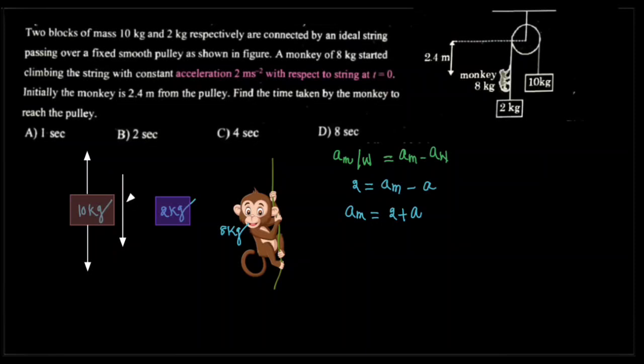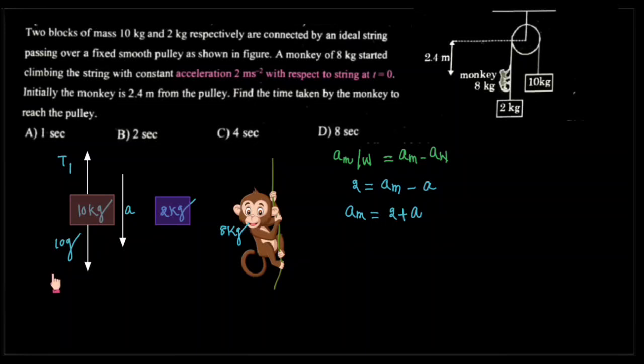Sorry, it's moving down with an acceleration of a and it is having a weight of 10g and a tension here. Let's say this tension is T1. From this you could say the block is going down, so the weight is greater compared to tension.